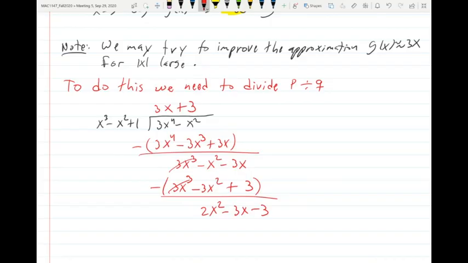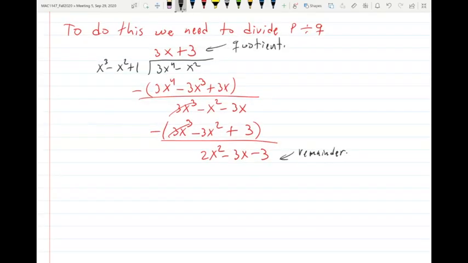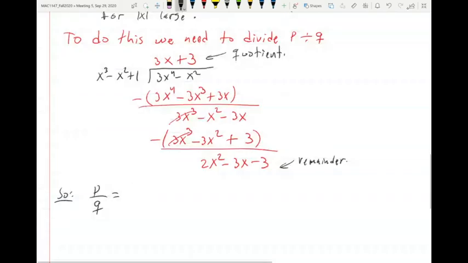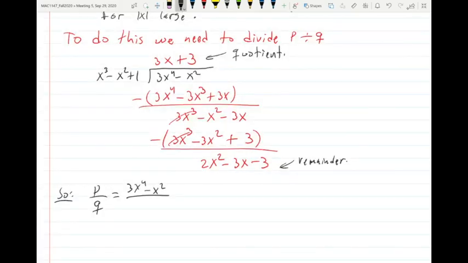And because the degree here is less, this is the remainder. This is the remainder. And this right here is a quotient. And what do we know when we do division? Why is it that we're doing this? So what we know is that if you do p over q, which is really our function, right? That's p over q.